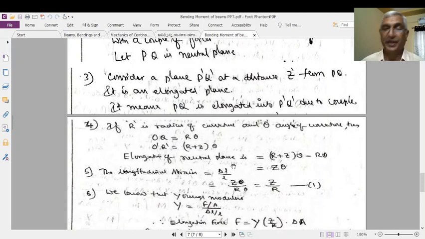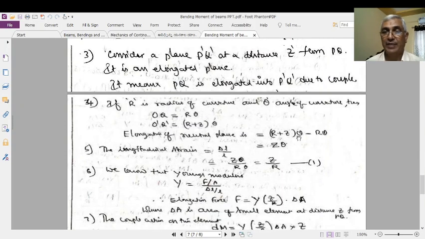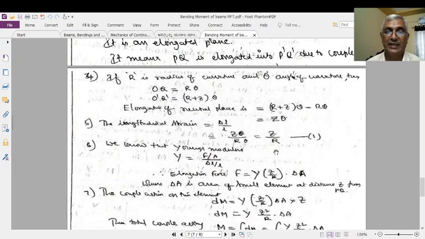The elongation of the upper layer is the new value minus the old value: (R plus Z) theta minus R theta. That is R theta plus Z theta minus R theta. R theta cancels, and you get Z theta. Z theta is the elongation of the upper layer when compared with the neutral layer.